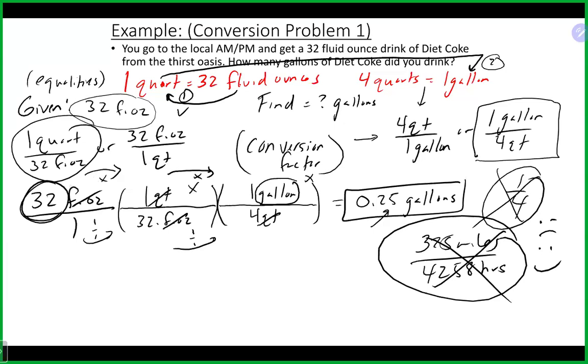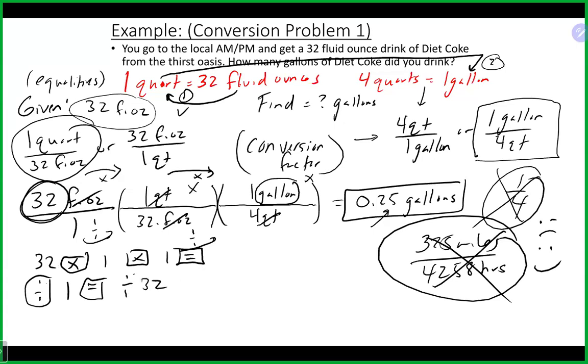But technically speaking, what we're doing here is taking 32 times 1 times 1, hitting equals, and that takes care of the top. Then we divide by what's on the bottom, which technically would be 1, hit equals, divide by 32, hit equals, and then divide by 4 and hit equals.